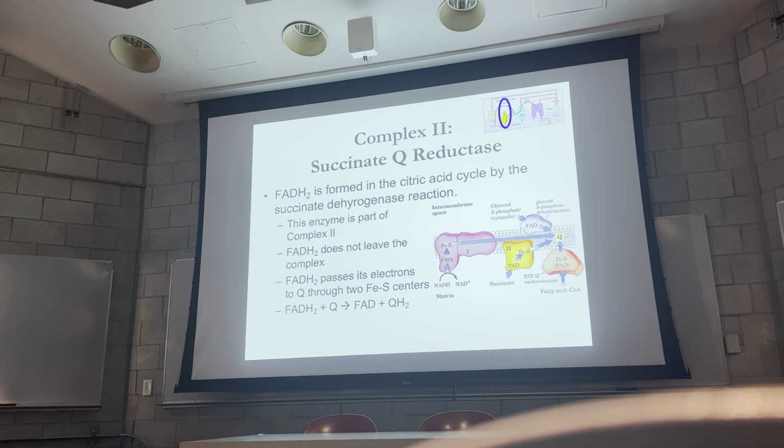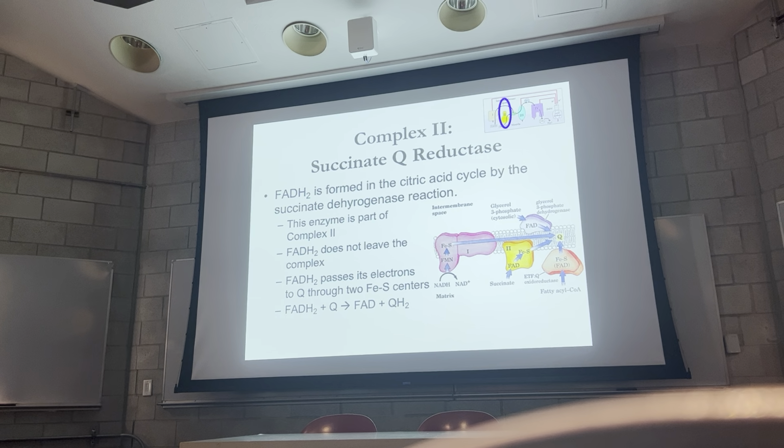Now, one of the things that's interesting about complex 3 is we're going to be dealing with a carrier of 2 electrons, coenzyme Q, and a protein that can only carry 1 electron, cytochrome C. So there has to be some mechanism to deal with this. And that's what's referred to as the Q cycle. That's what we're going to cover now.